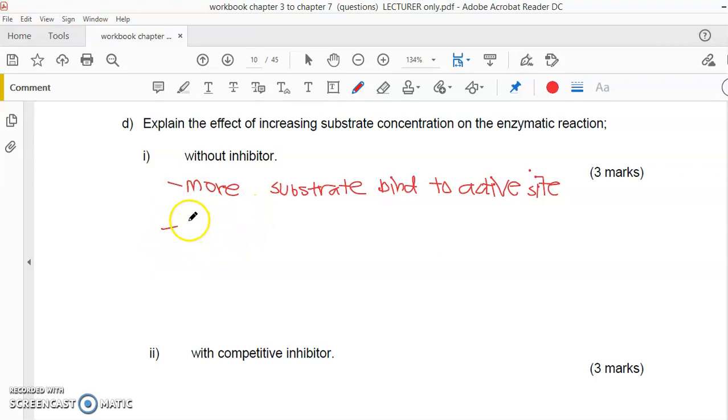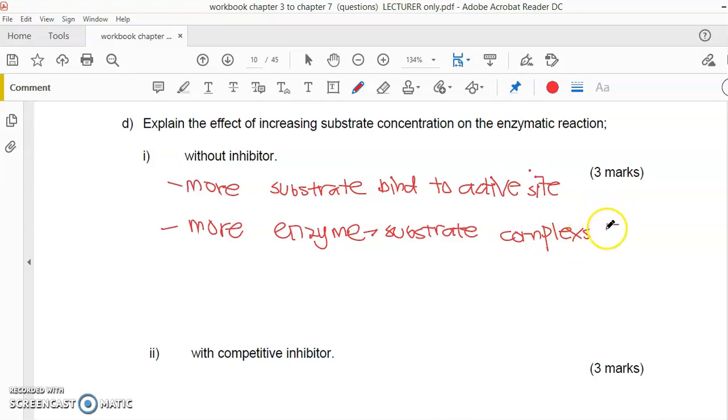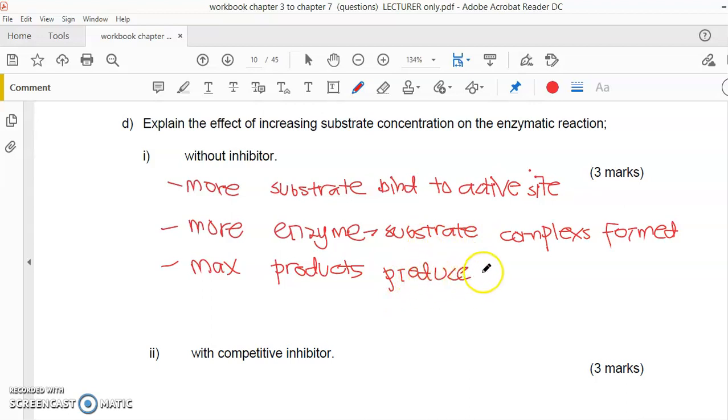Next, more enzyme-substrate complex forms, so maximum products are produced at the maximum rate.